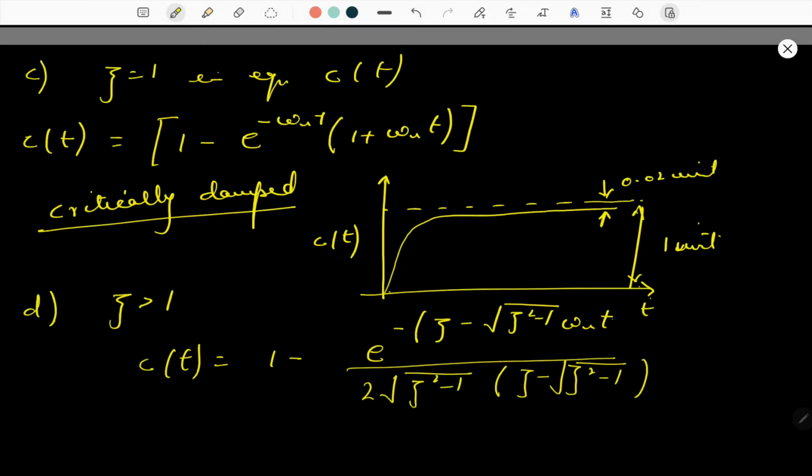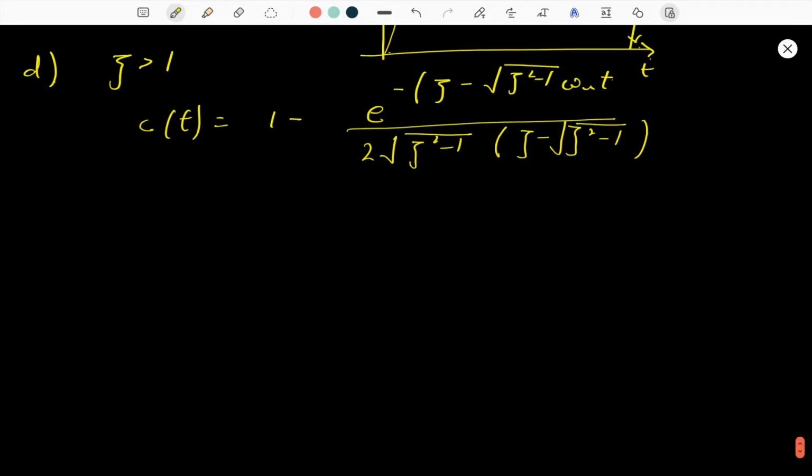Okay, so this is the value of C(t). We are going to get this after solving the equation.